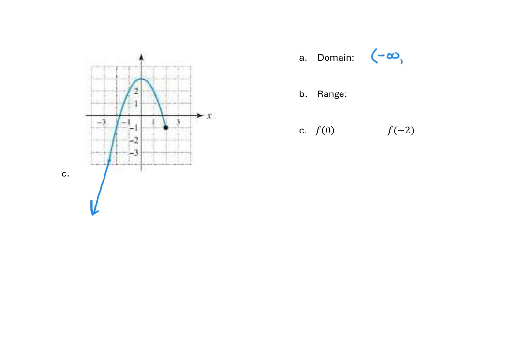And if we trace our graph to the right, we're still going to the right, to the right, to the right, and we stop at x equals 2. And so on the far right, we have a 2. It is a closed circle, which means square bracket. And we're done with that one.